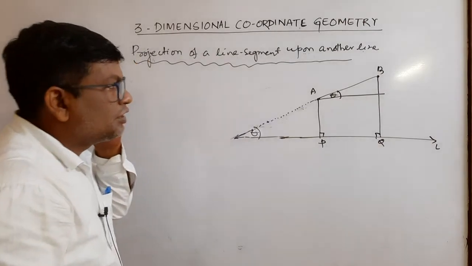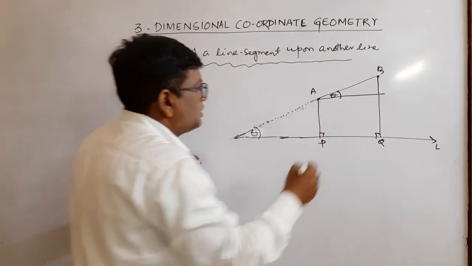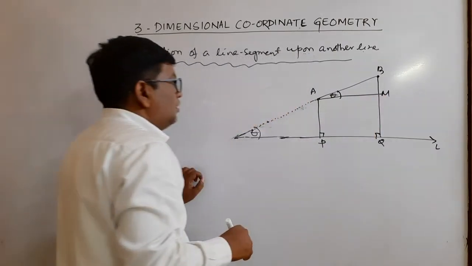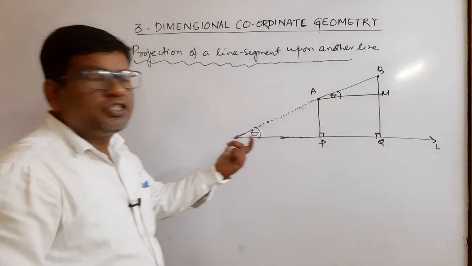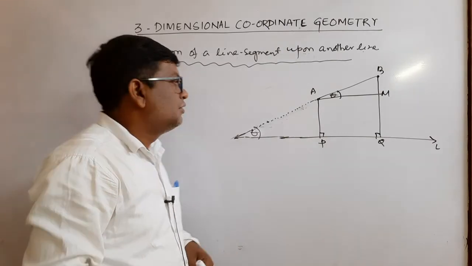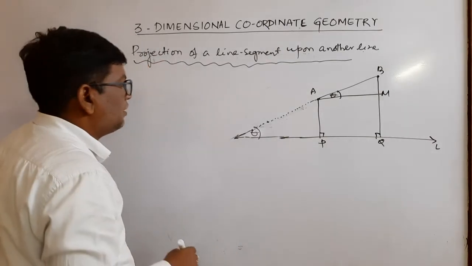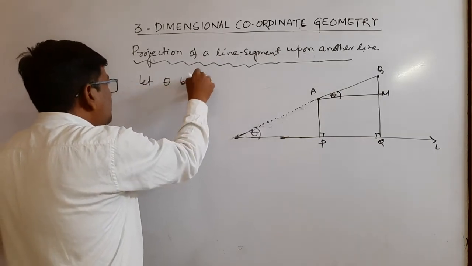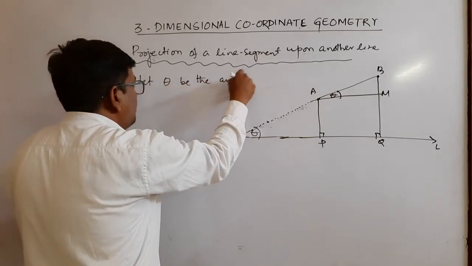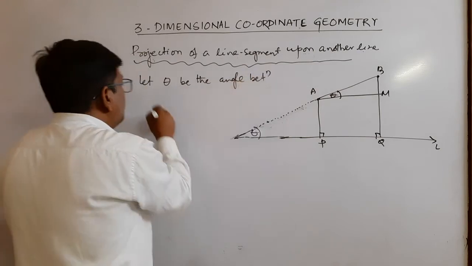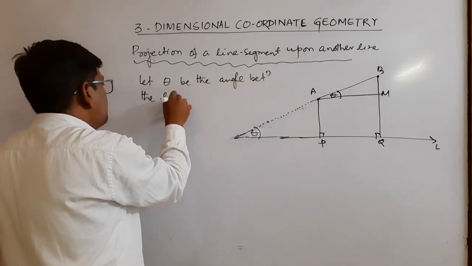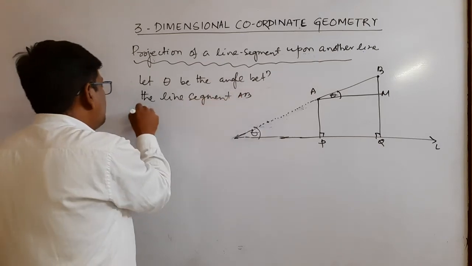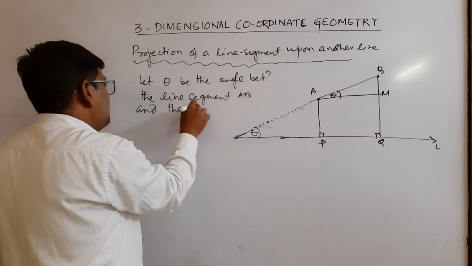Suppose this is point M. The projection of the line segment by definition is PQ. So let theta be the angle between the line segment AB and the line L.